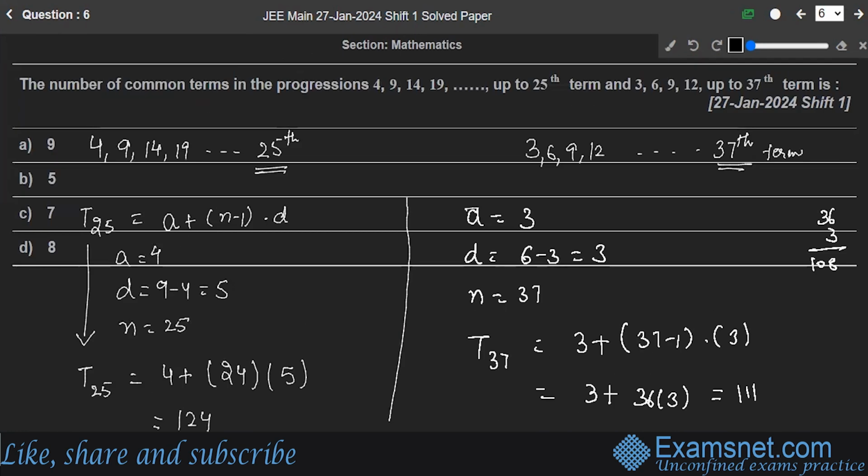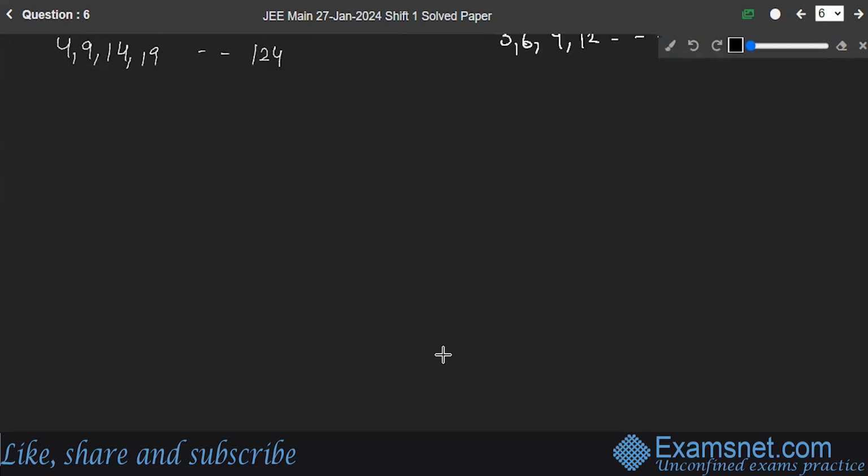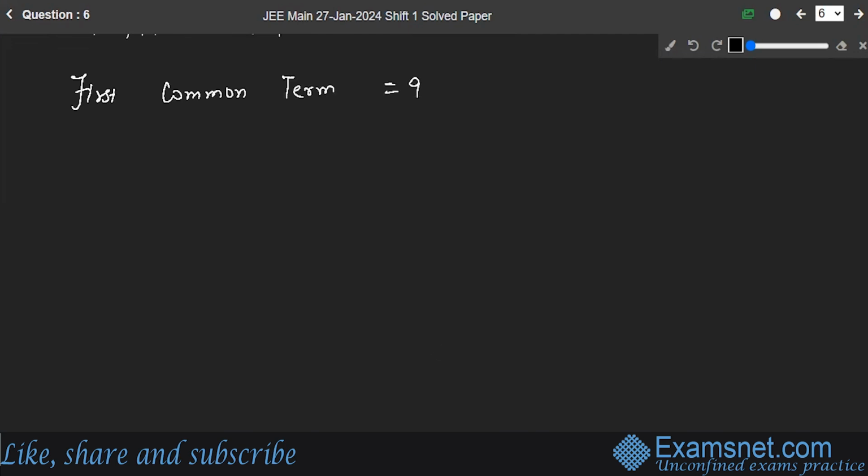Now let's get back to the question. You have to find out the number of common terms in them. See, the very first common term is 9. Now, take the LCM of d1 and d2.